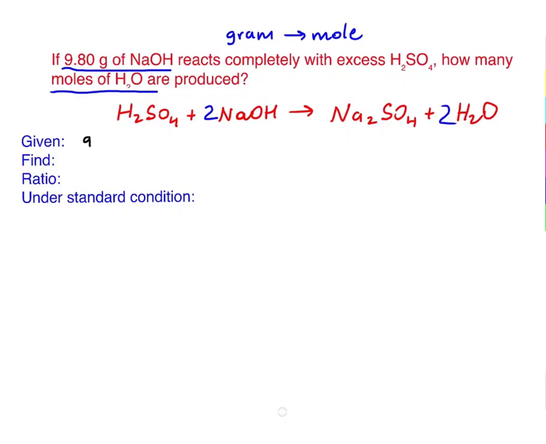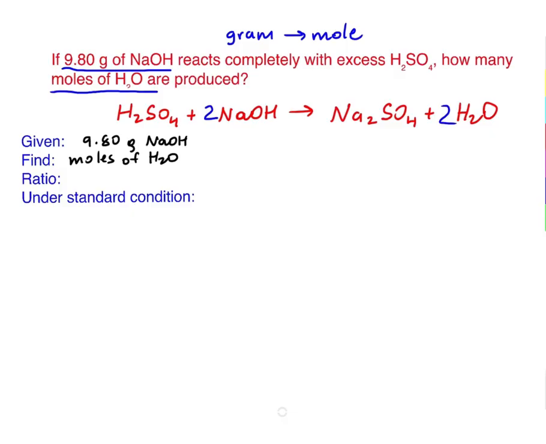What's given to you is 9.8 gram of NaOH. So you write it down, and make sure you also write down units. And then what you need to find is, of course, the mole of H2O, or moles of water.